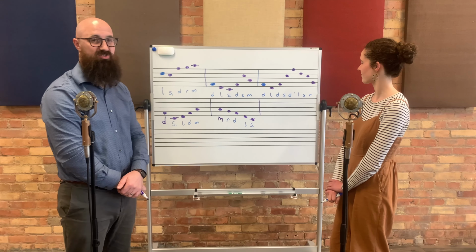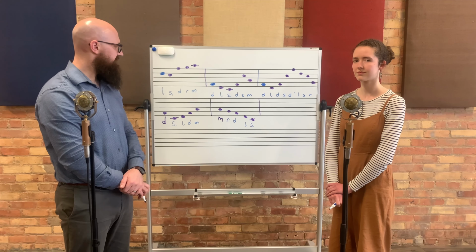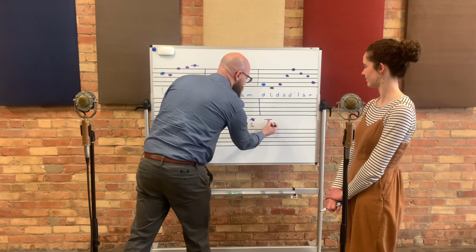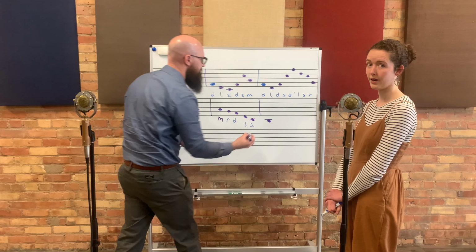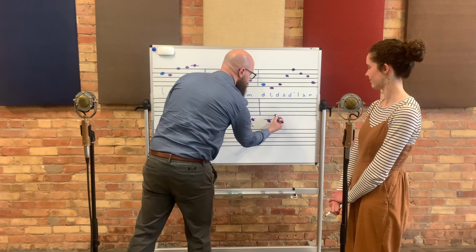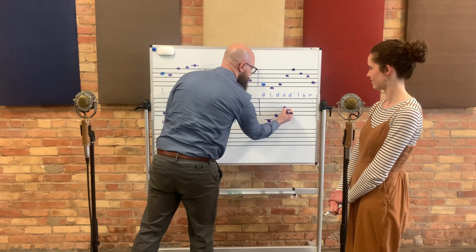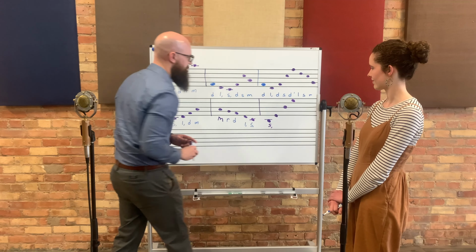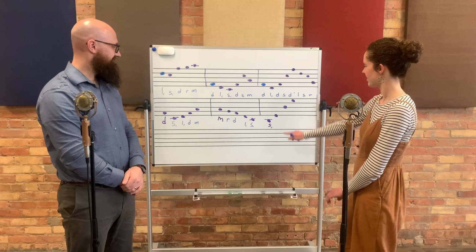Let's see if we can stump you, shall we? We'll do, I think, just one more like this. I'm going to start way down there. Wow. Really covering ground. Sure are.